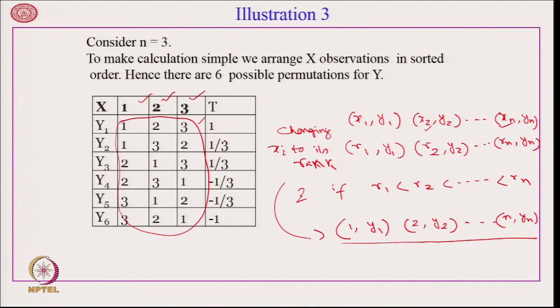And we will find that for this it is coming out to be 1 because they are perfectly concordant. For this order 3 2 1 there is perfect discordance, and for others we shall get values like this.